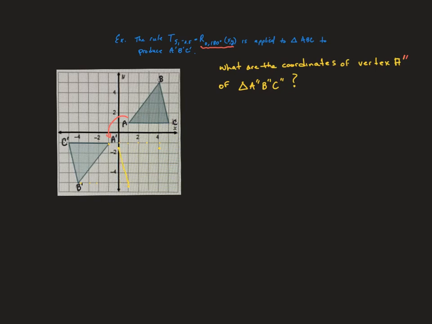So here is going to be B double prime, C double prime, and then connecting those two, and here is my second transformation of that composition. So again, it's just a matter of making sure that you do it in order. This is your first movement. This is your second movement. Very important that you get it in order, or your image will not be accurate.